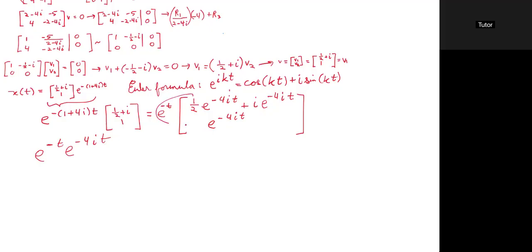So here we're just breaking it up by factoring out an e to the power of negative t. We usually factor out e to the power of t, but sometimes we also factor out e to the power of negative t, or some other scalar multiple of t can also work, I think.